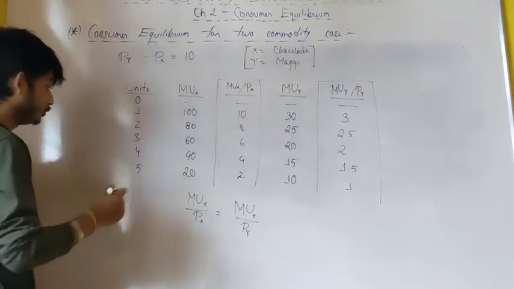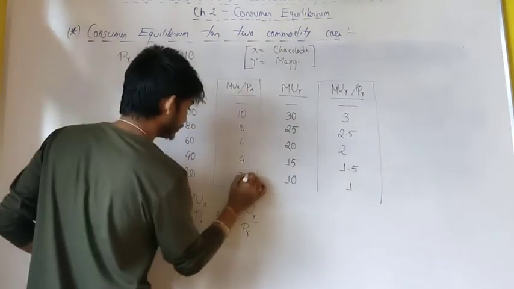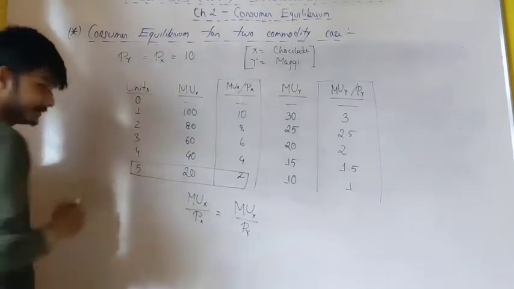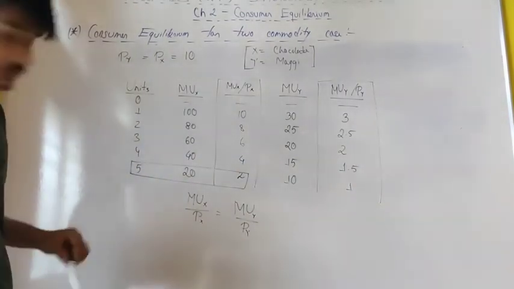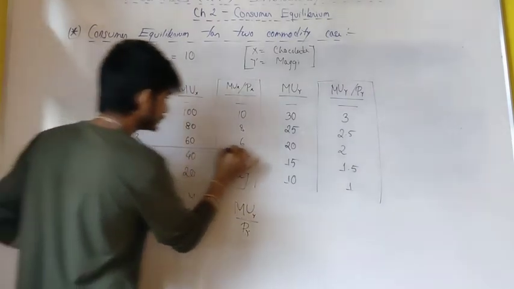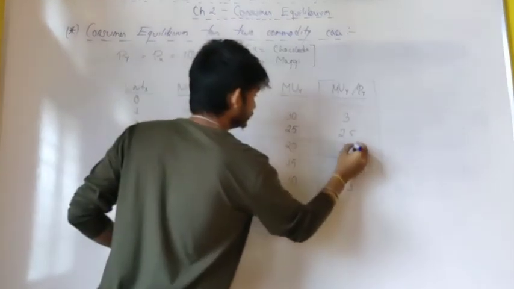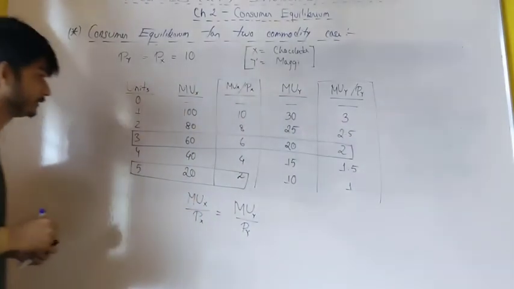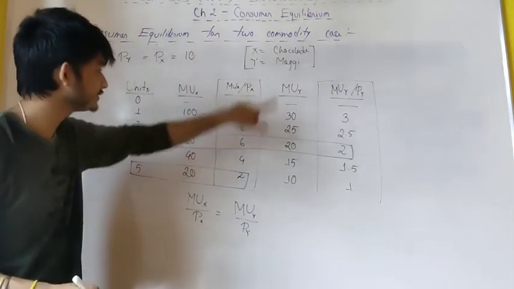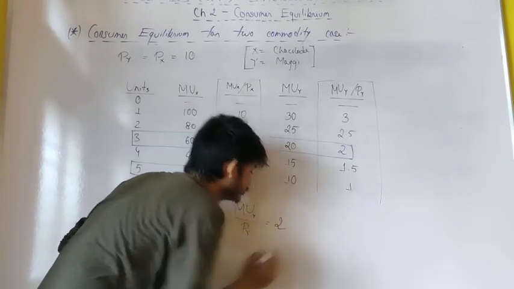So look at the fifth unit for good X. And now just look at the third unit of good Y. You will see that the ratio of marginal utilities of both the commodities are equal. It is 2.